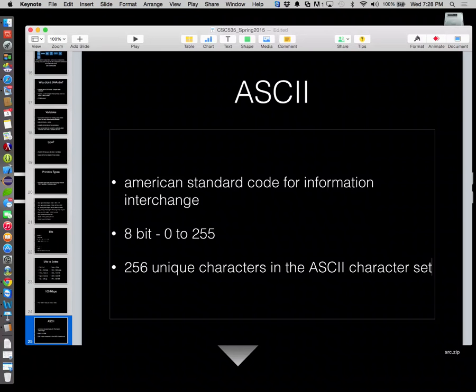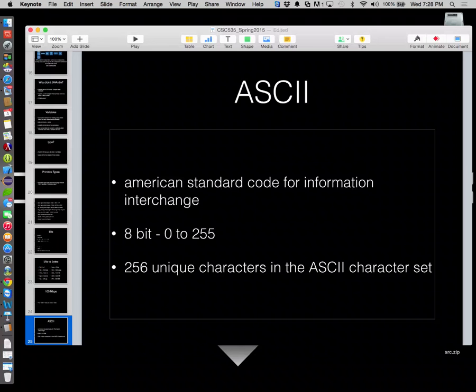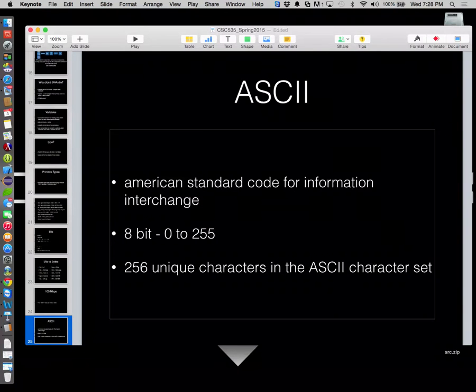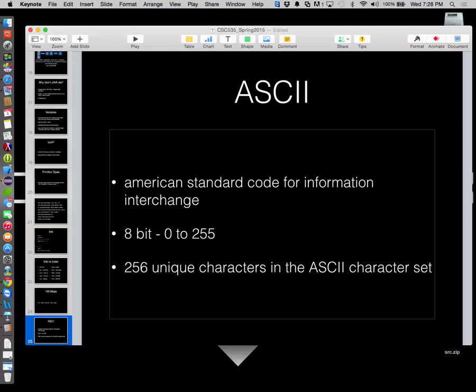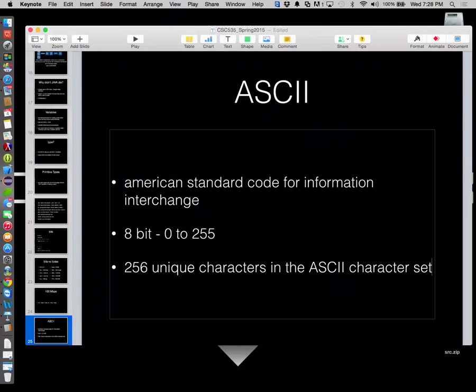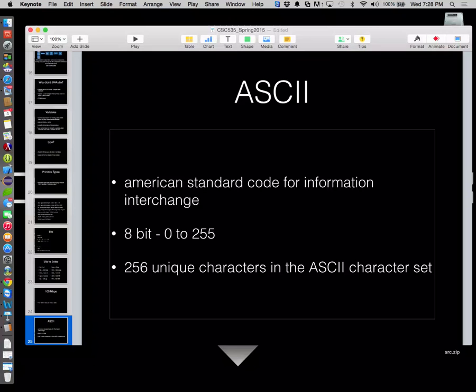Well, American Standard Code for Information Interchange was probably made by Americans, right? Why should we support other people's languages, right? It actually gets funnier than that. Not only does it not support other languages, we don't have 256 unique characters in our language. So actually, some of the ASCII codes support things like playing cards and smiley faces.